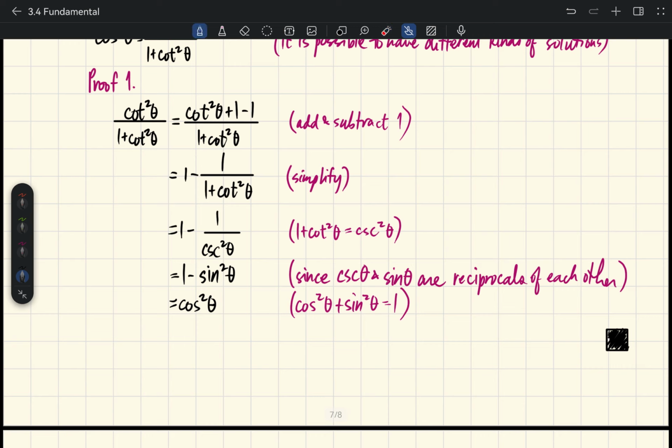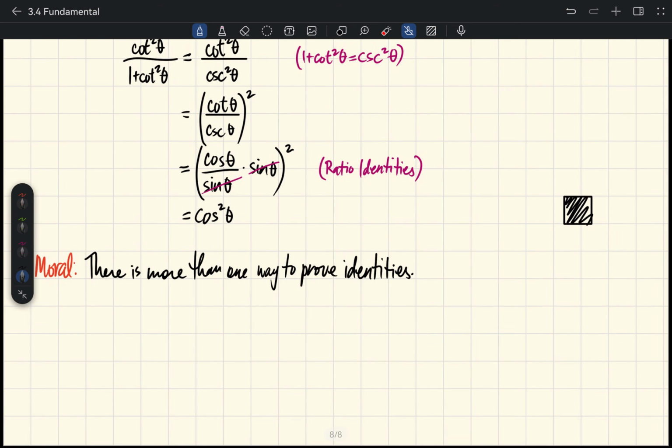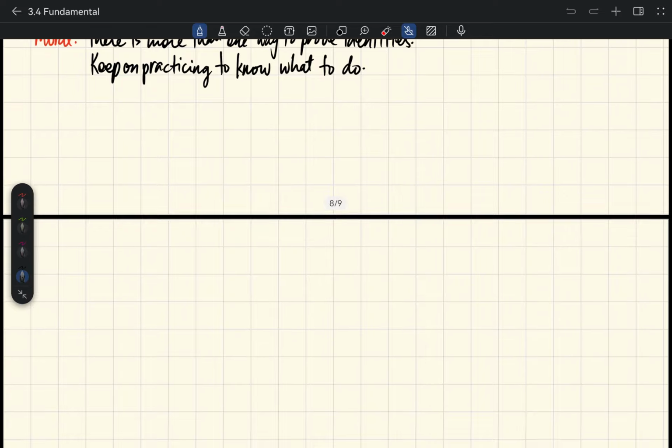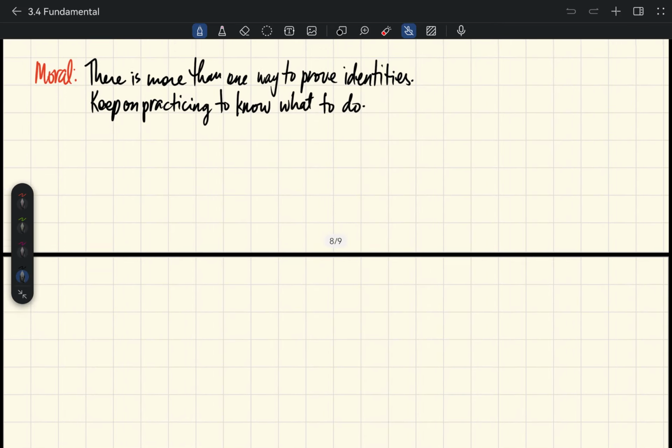So, it really depends on you how you will approach a problem, and you will learn what to do upon practice. So, keep on practicing to know what to do. Okay? So let's proceed to our second example.